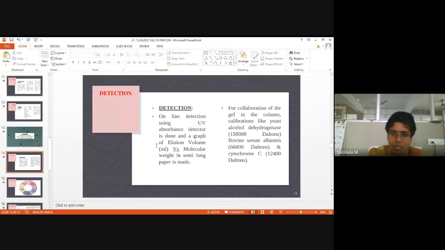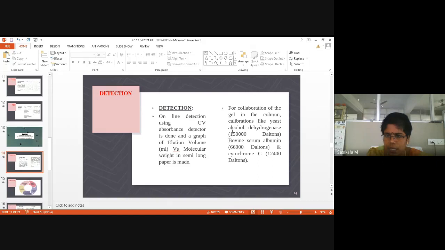A graph will be plotted taking elution volume in ml on the y-axis versus molecular weight on the x-axis on semi-log paper. Then for calibration of the gel column, calibrants like yeast alcohol dehydrogenase, an enzyme of 1.5 lakh Daltons, then 66,000 Daltons, and cytochrome C are used.